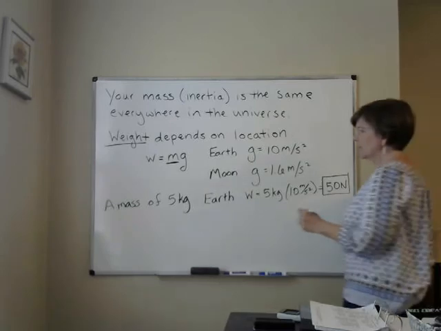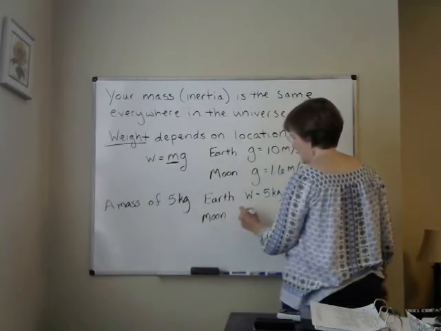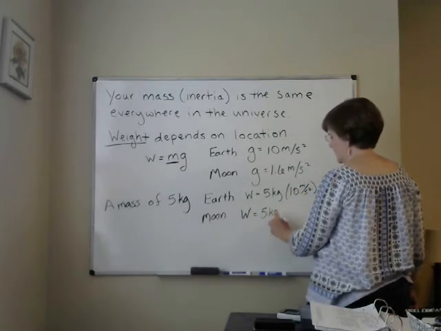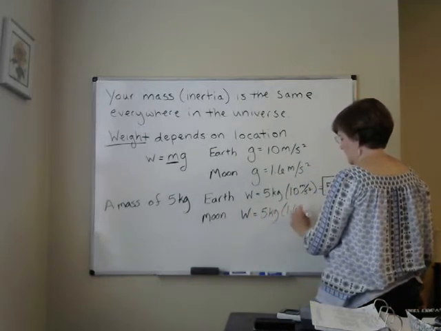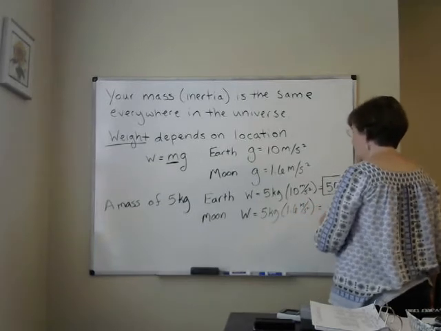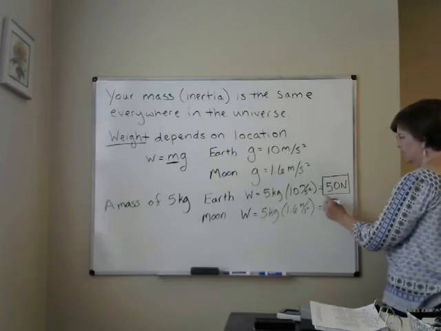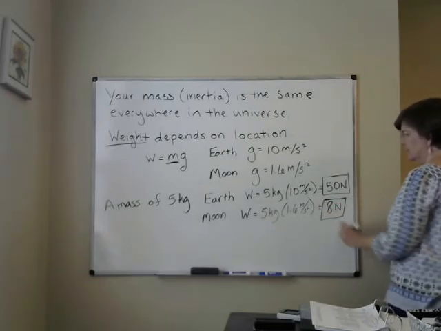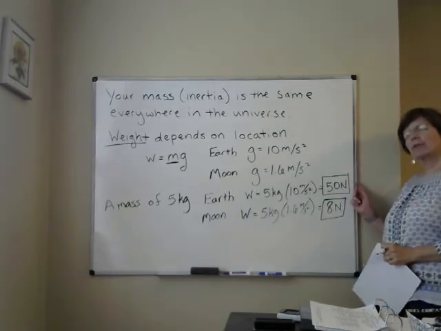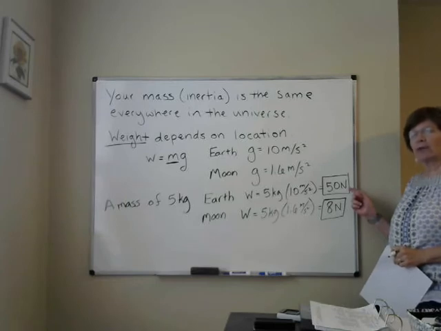But if I'm on the moon, that same mass, that's 5 kilograms, only weighs 8 newtons. If you're on Earth, a 5 kilogram mass feels a force of 50 newtons towards the center of the Earth.